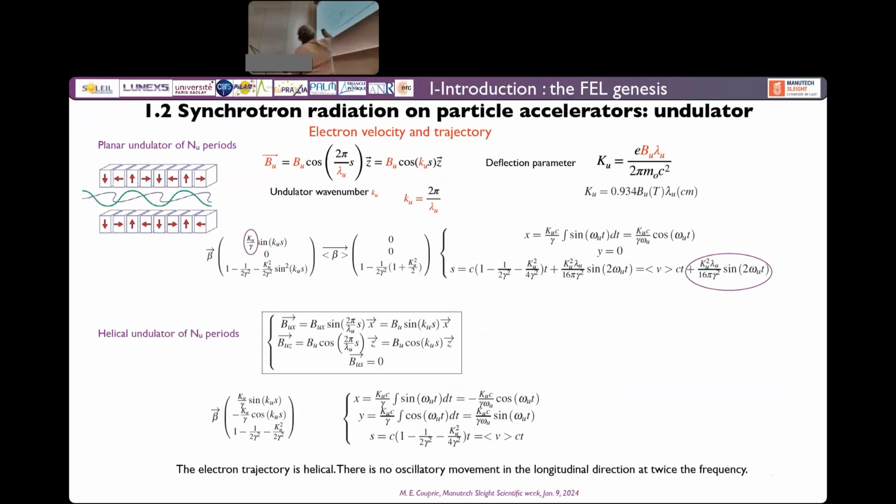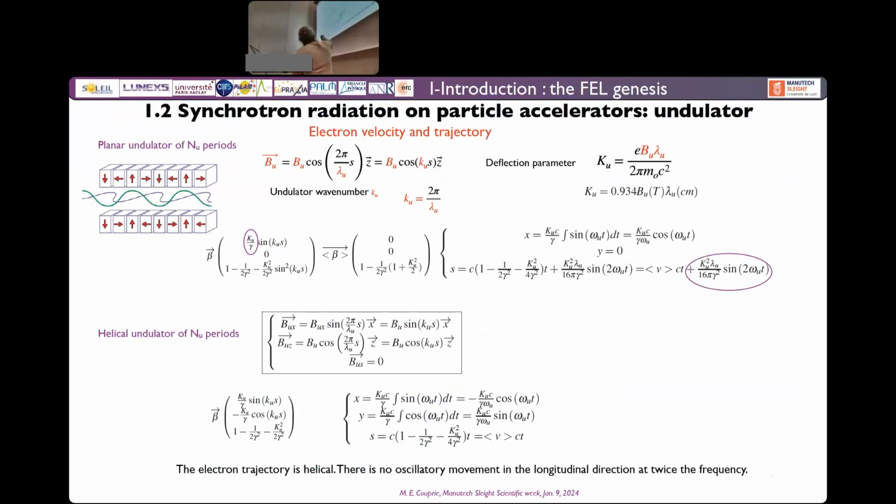So we have here the velocity. You see that for the longitudinal velocity, we have this term which evolves with a sine square with the wave number of the undulator Ku and the longitudinal position.